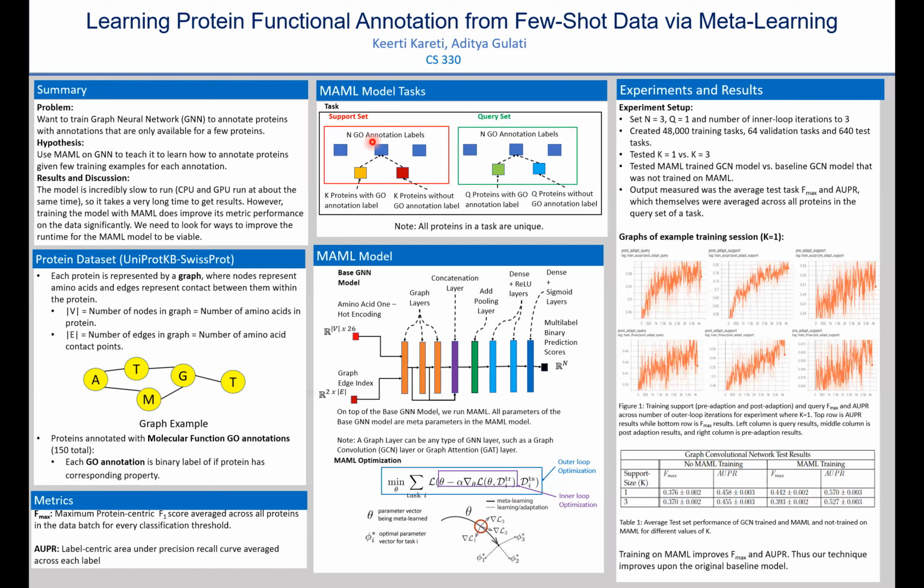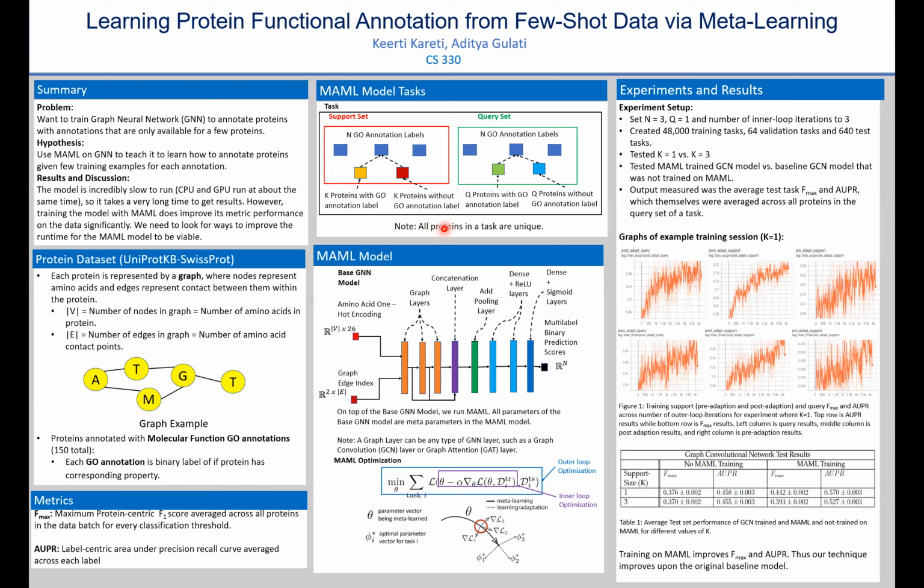For each GO annotation label, we sample 2K proteins, with K proteins having that particular GO annotation label and K without that particular GO annotation label. We use the same GO annotation labels and do the same for the query set, but instead of sampling 2K proteins, we sample 2Q proteins, with Q having the label and Q not having the label. Note that all the proteins in our tasks are unique.